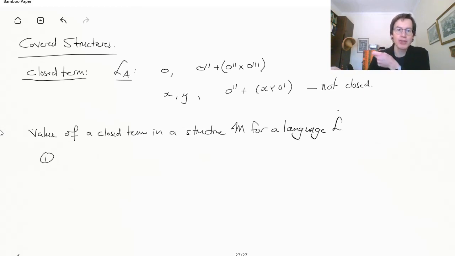When I've got a structure and I've got a constant symbol, then the structure comes with an interpretation for that constant symbol. That is the value of this constant symbol.